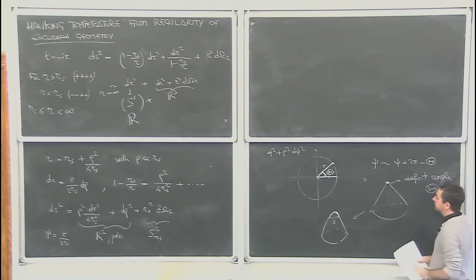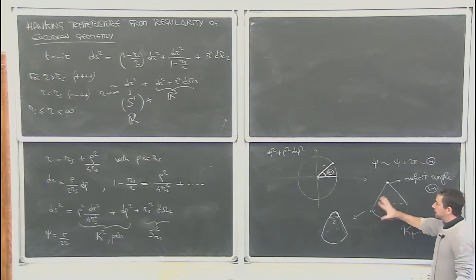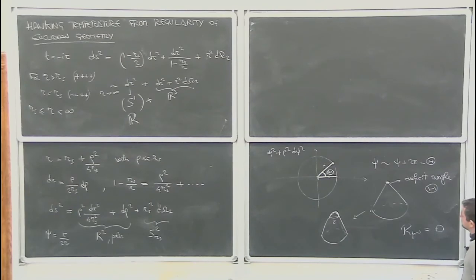And this singularity we don't like, because there is a delta function in the curvature. It wouldn't solve the Einstein equations in the vacuum, because the Einstein equation in the vacuum does not allow for anything. There is a 0 on the right-hand side. So singularities of this type, in this context at least, don't make sense.